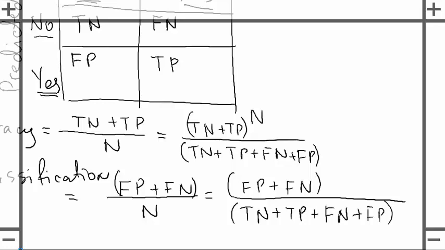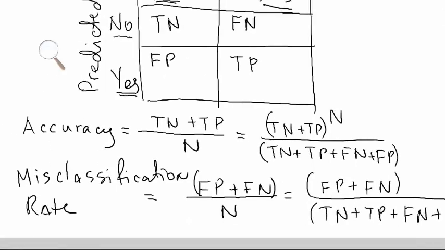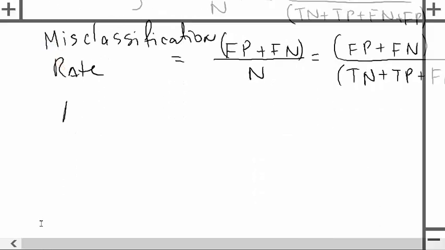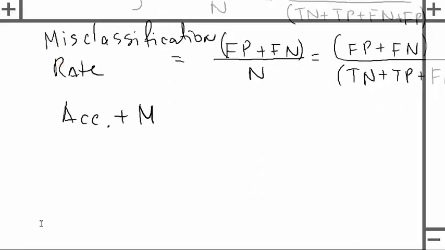What will happen if I add together accuracy and misclassification rate? 100%, right? The percentage of things that I got correctly plus the percentage of things that I got incorrectly should be everything, should be 100%, right? So therefore, accuracy plus misclassification rate should be 100%, right? So therefore, they are related, really, okay? The more accurate the model becomes, the less the misclassification rate, and vice versa, okay?